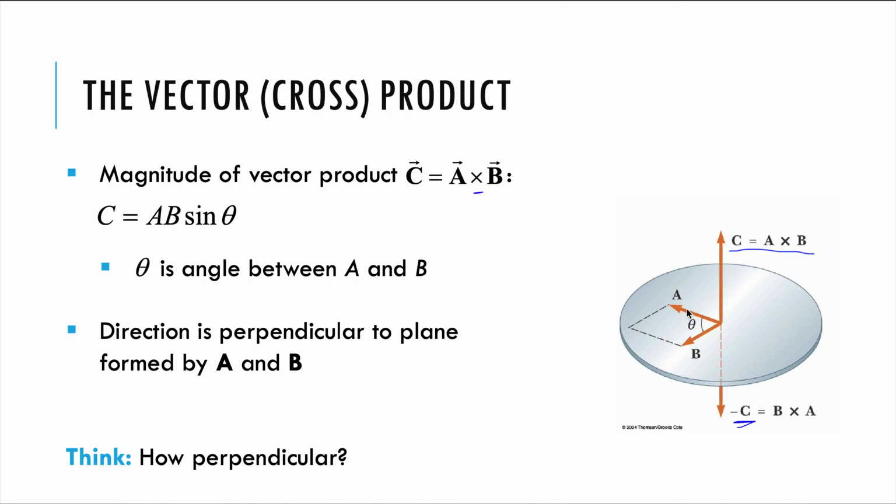When vectors are very perpendicular to each other, then they will have the highest cross product possible. But when they're not, they will have a low cross product. So it's kind of opposite to the dot product if you think of it that way. The dot product from the previous video showed us more how parallel two vectors were.